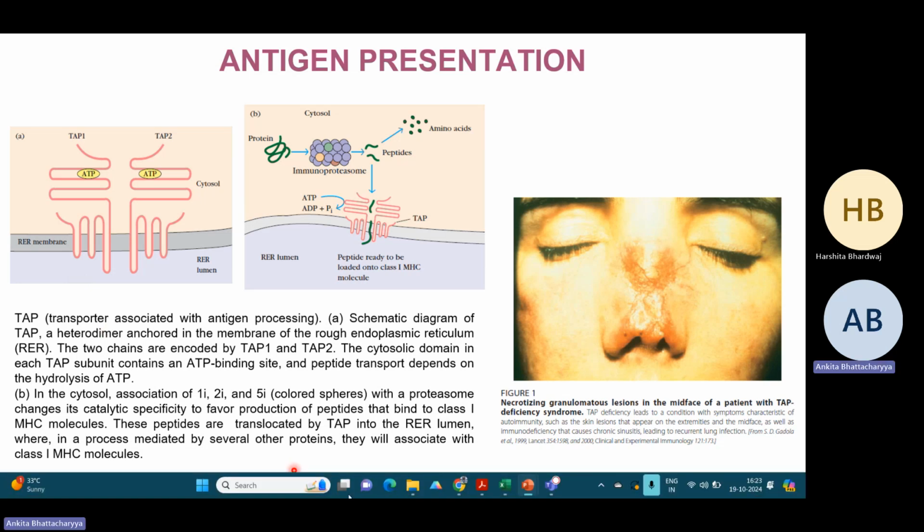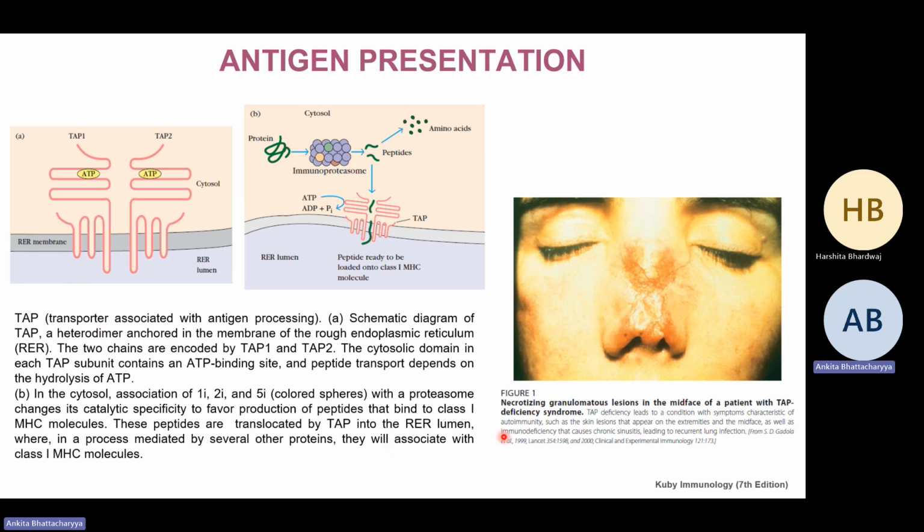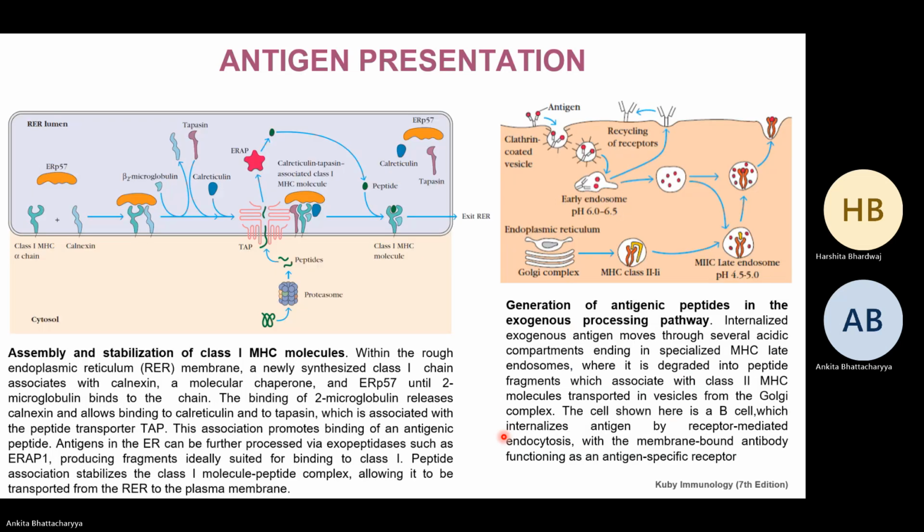One condition often associated with this is necrotizing granulomatous lesions, which were found in TAP deficiency syndrome. So while it might seem like nothing, the presence of tapasin is extremely crucial for proper development and for responding to toxins in the environment.